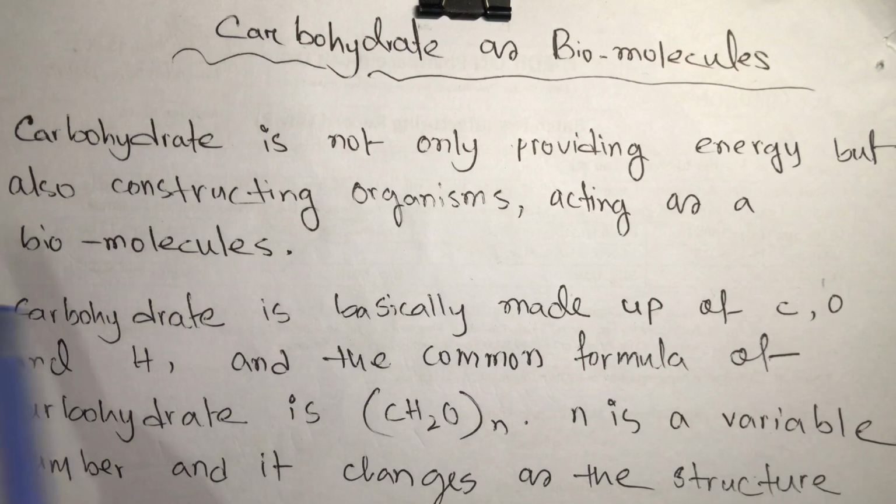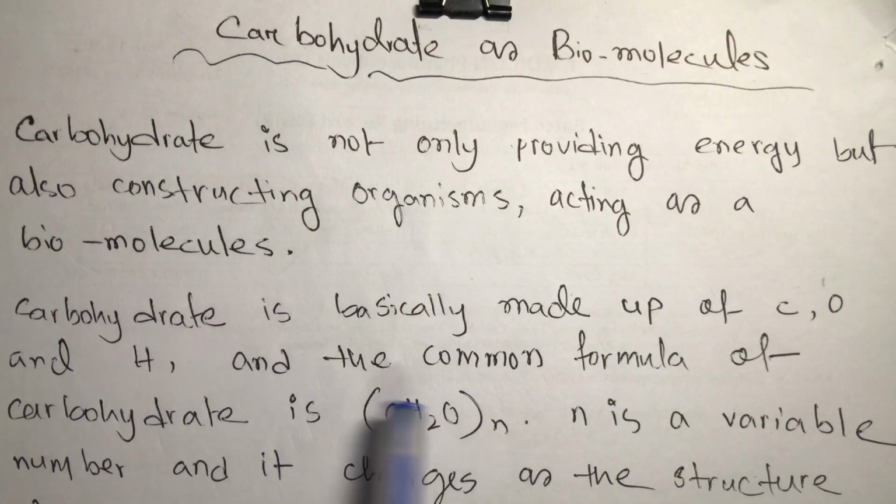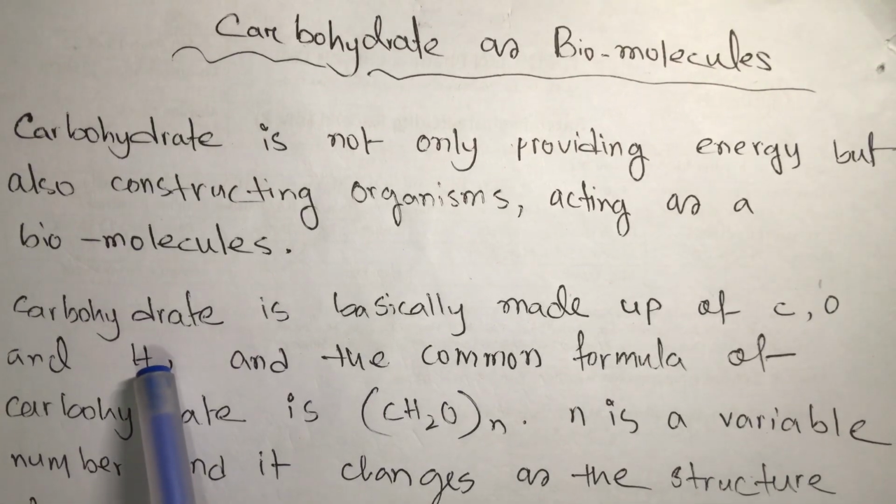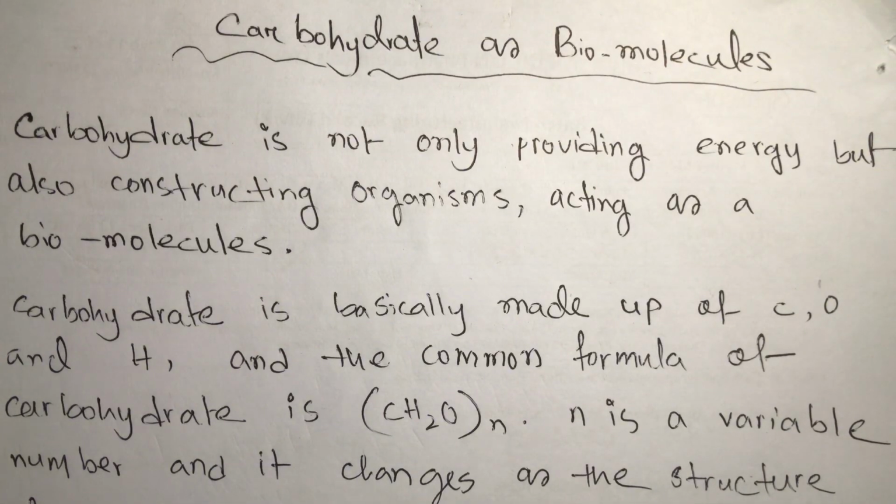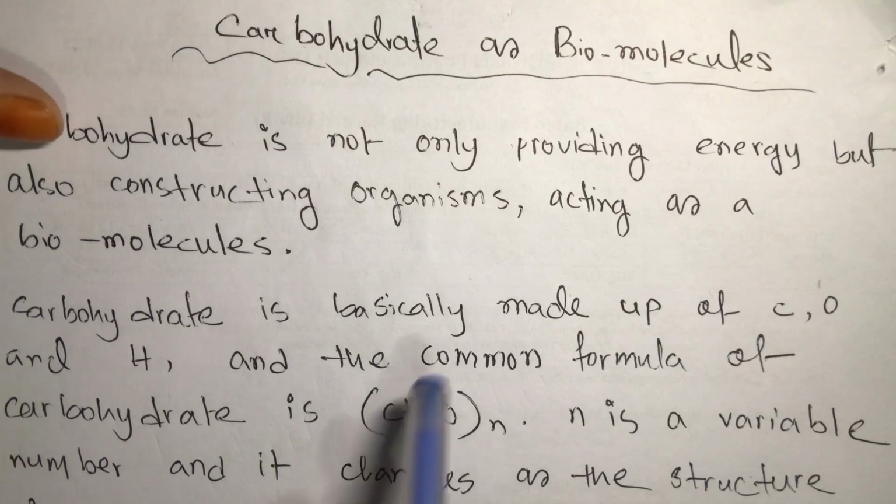Carbohydrate is basically made up of carbon, oxygen, and hydrogen. So what does carbohydrate contain? It contains carbon, hydrogen, and oxygen. And the common formula of carbohydrate is (CH2O)n.